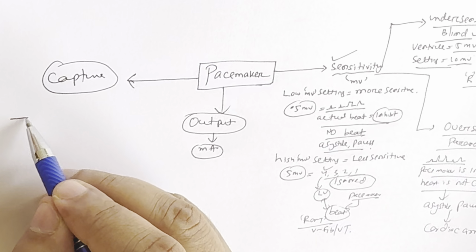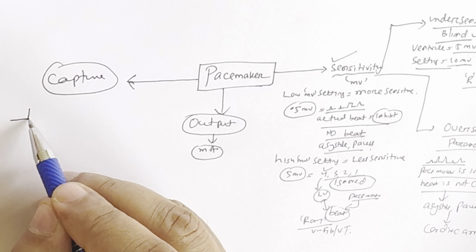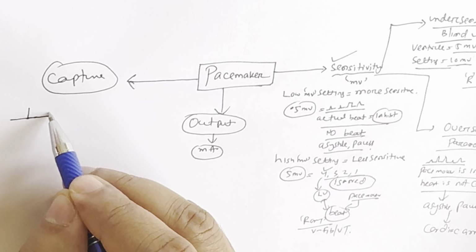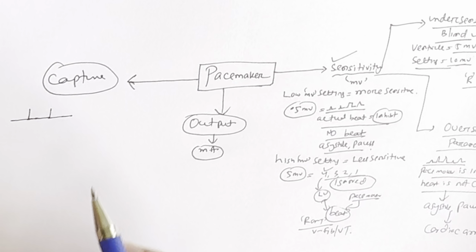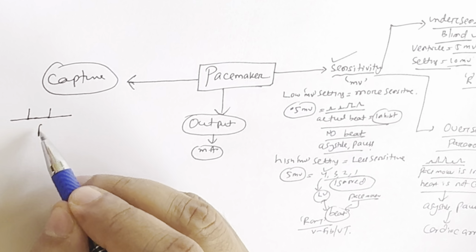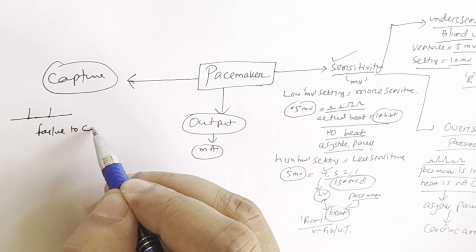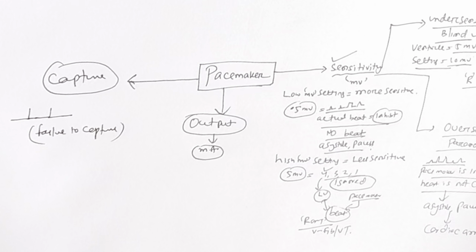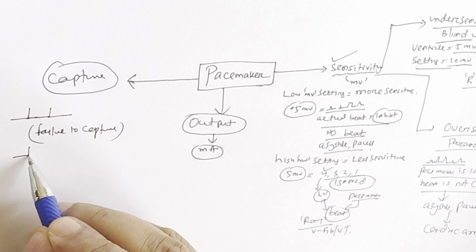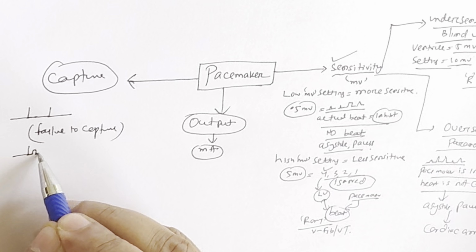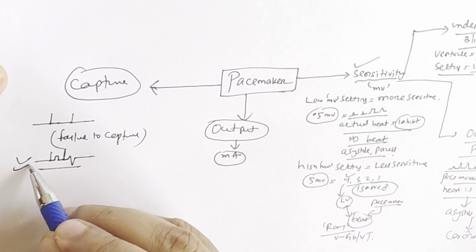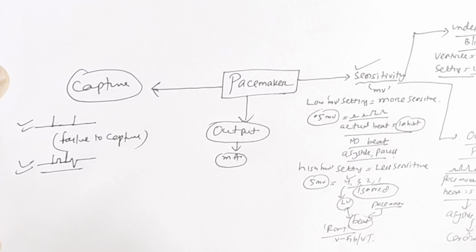For example, the current goes here and there is no contraction, there is no P wave, there is no QRS complex, so there is no capture. This is called failure to capture. The current has to be enough to produce a contraction. This is the current, there is a P wave, this is the current, there is a QRS complex, right? This is adequate capture, this is failure to capture, right?